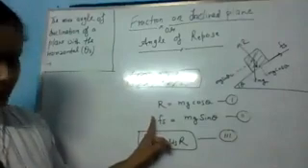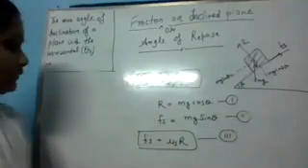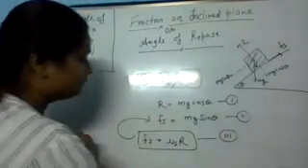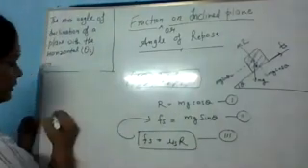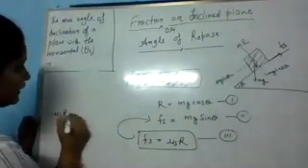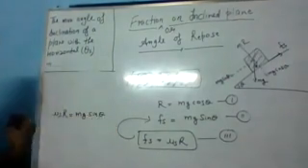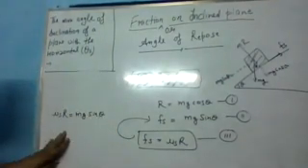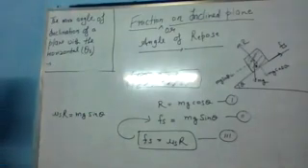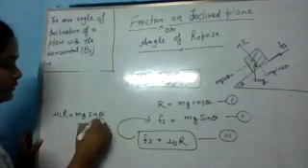Just put this value here. So this will become mu s R equals mg sin theta. Clear? Any problem? Take it as equation 4.